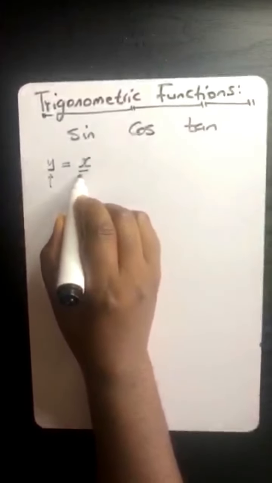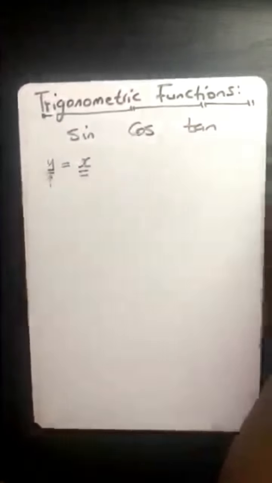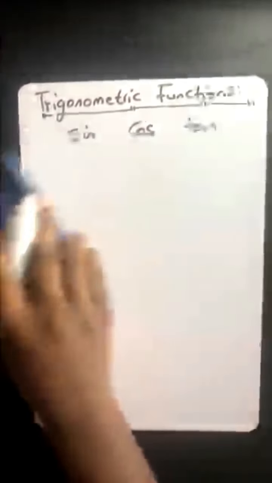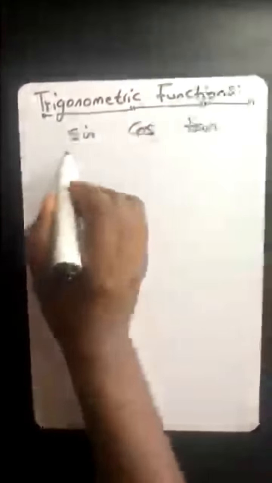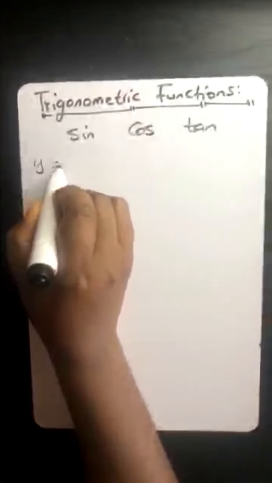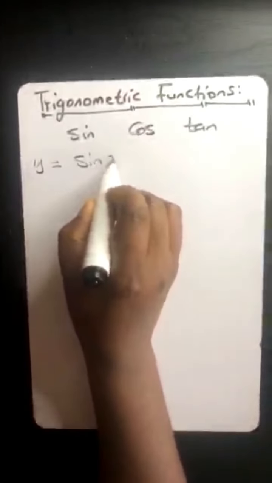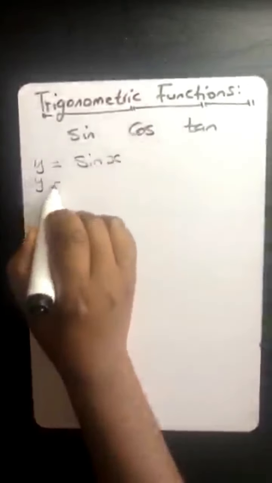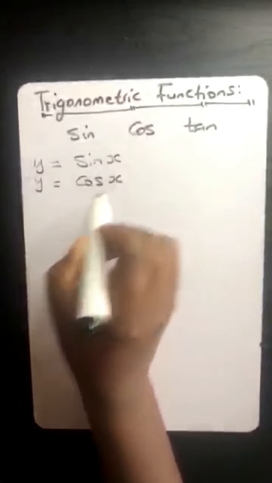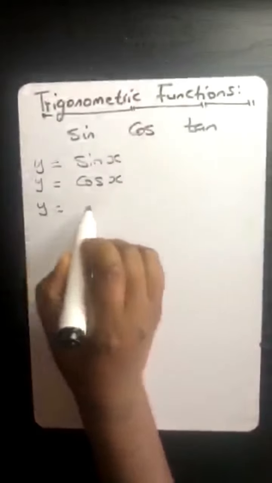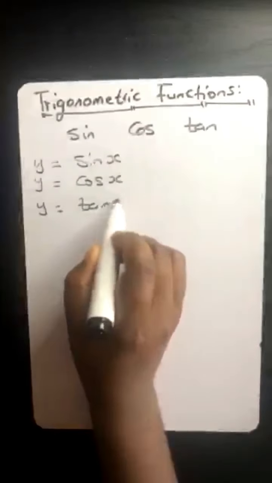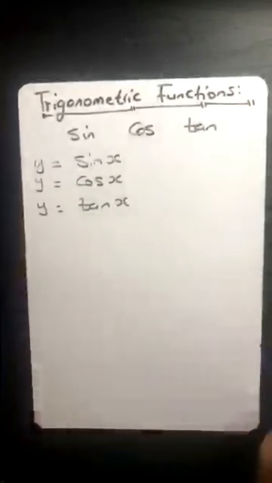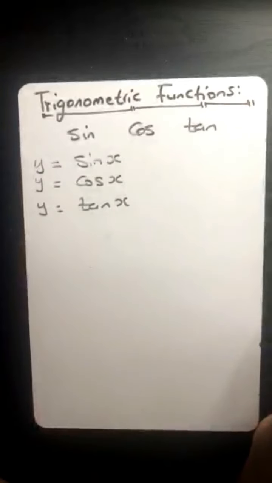In this case, we'll be sketching functions like y equals sine x, x being the angle, or y equals cos of the angle, or y equals tan of the angle. These are the functions that we'll be sketching, Chumi.